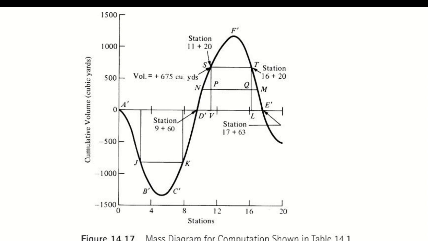What about the last portion? Can I have balance here? No, why not? Because E dash is around station 18 or something. My project finishes at station 20. So there is no 500 feet. So all of it is what? Overhaul or freehaul? All of it is overhaul.